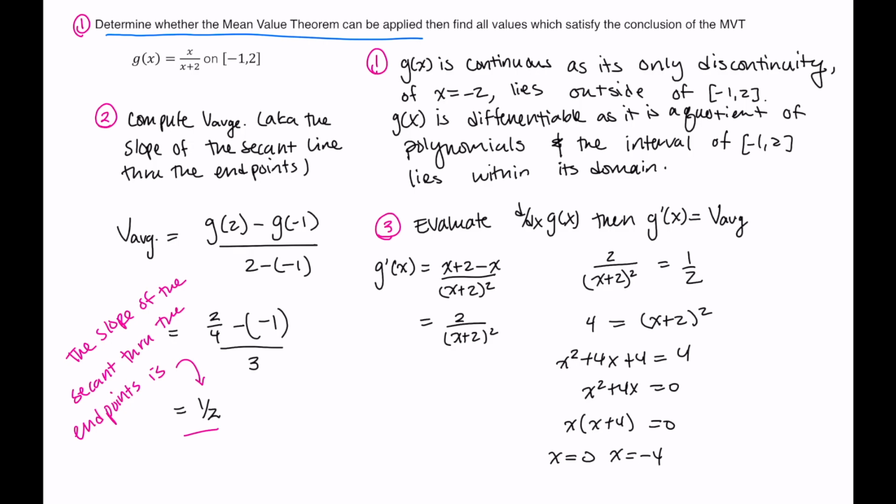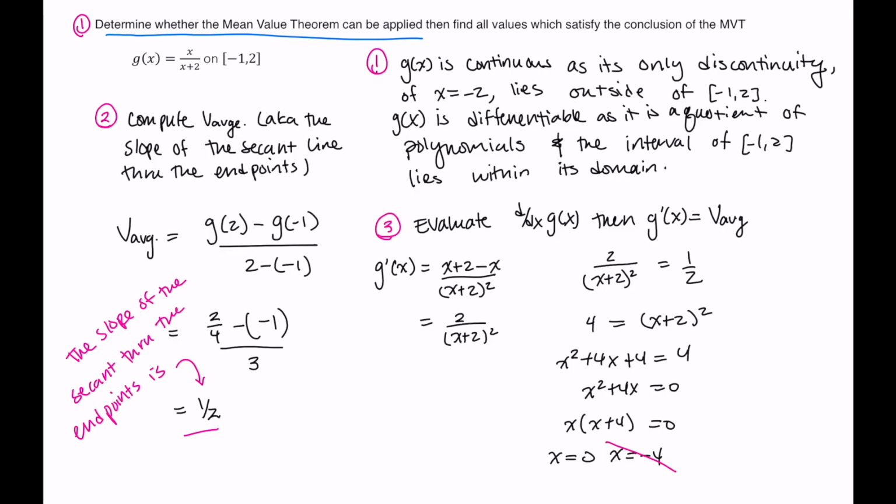But before we end this video, we have to ask ourselves, are both of these solutions valid? Because if you can see here, 0 indeed lies in this interval, but -4 does not. So on this interval, the only solution we have which satisfies the conclusions of the mean value theorem is 0.